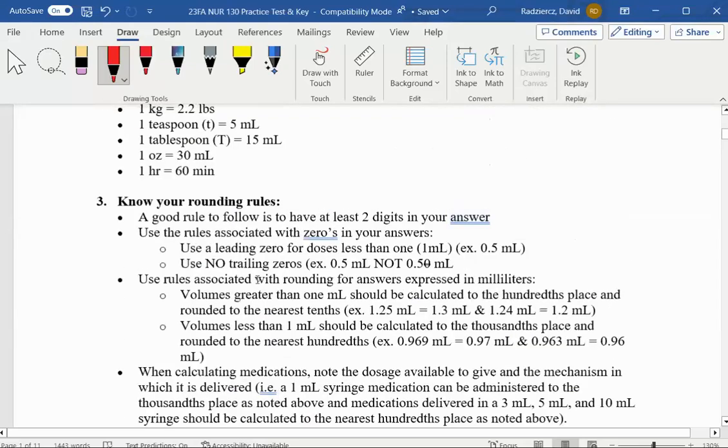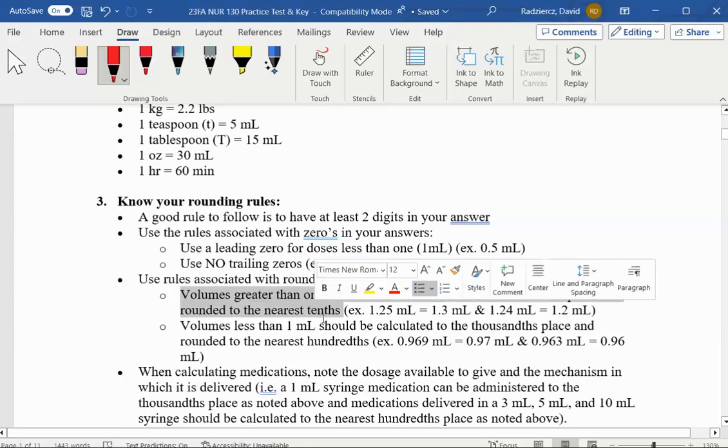What's confusing here is the example only gives you milliliters, but this would also apply to anything that has a volume, including a volume and a rate. Meaning, if you have a volume greater than 1, you should be rounding to the nearest tenth. So in the example I gave, 1.25 milliliters would be 1.3 milliliters.